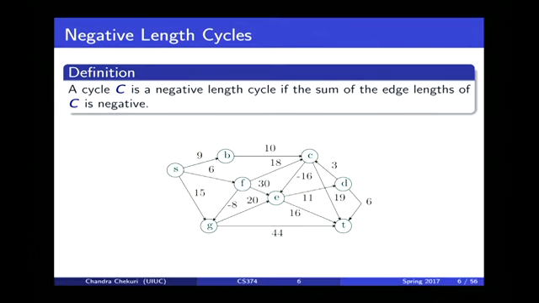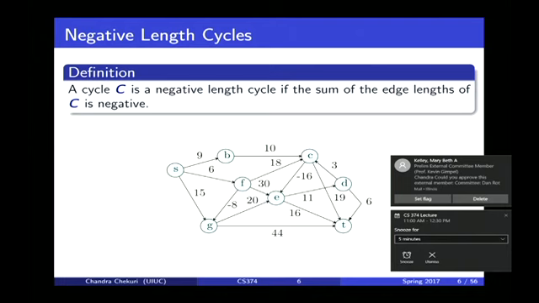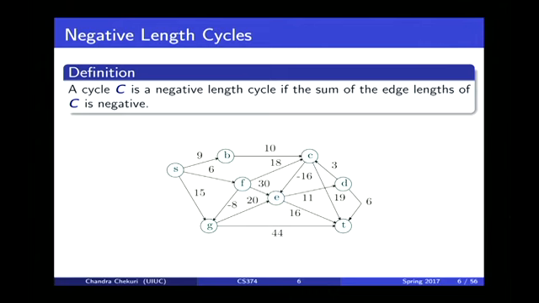If you look at this graph and ask what is the shortest path from S to T, it is not obvious what it should be, because if you look at this cycle here in red, the length of the cycle is negative: minus 16 plus 11 plus 3, which is minus 2. So in principle, you could go around the cycle many times and go to T. The distance keeps decreasing.